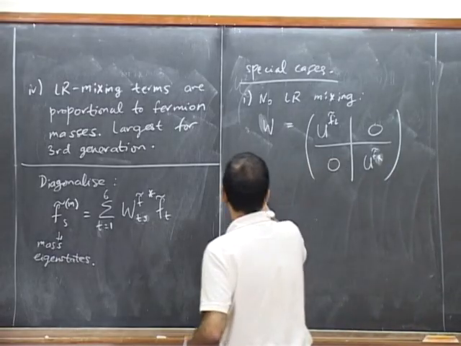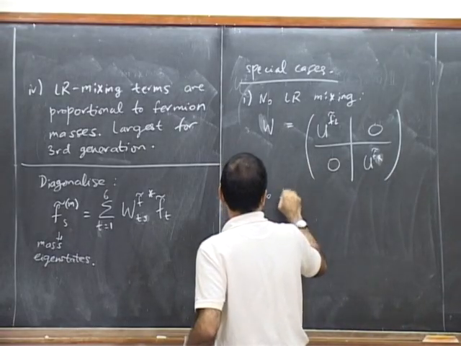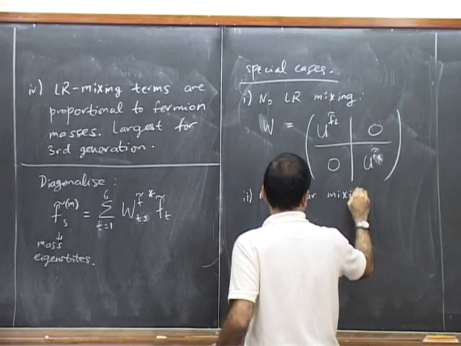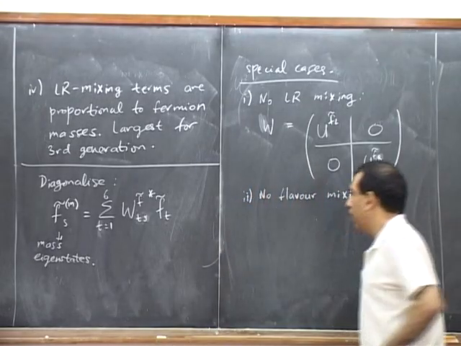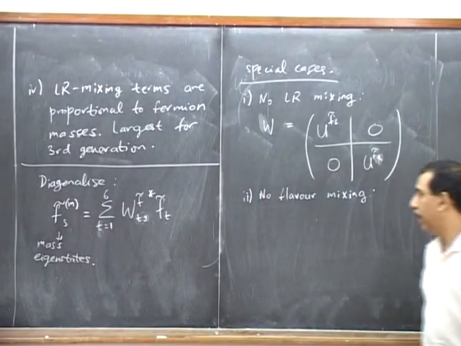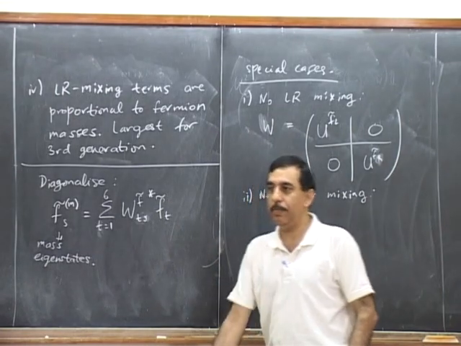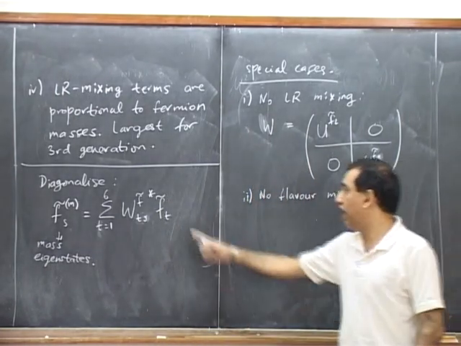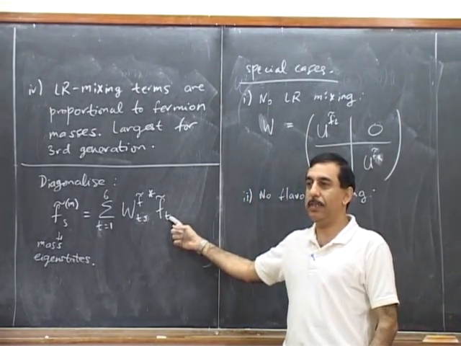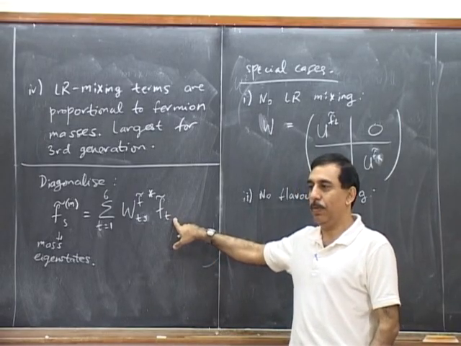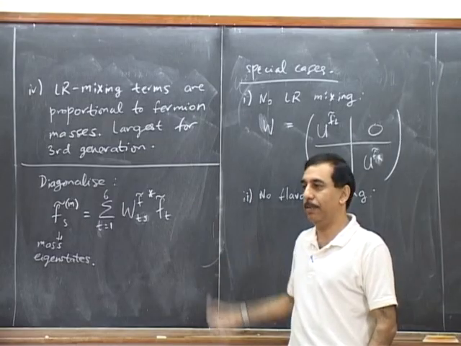The second case is that there is no flavor mixing, but there is LR mixing. And in this case, what happens is that out of the 6 components of F tilde that we described, it's really F tilde 1, which is the first generation left squark, can mix with F tilde 4, which is the same first generation but right squark.